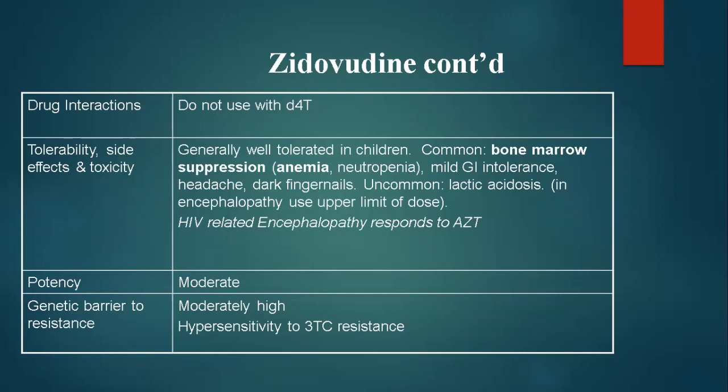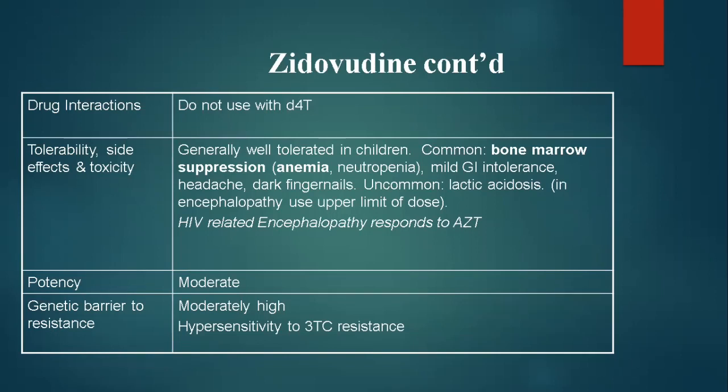Then we look at the side effects. So the side effects and toxicity, it is well tolerated in children, but it has common side effects such as bone marrow suppression, anemia, GIT intolerance, headache, dark fingernails. Those are the most common side effects that we can find.